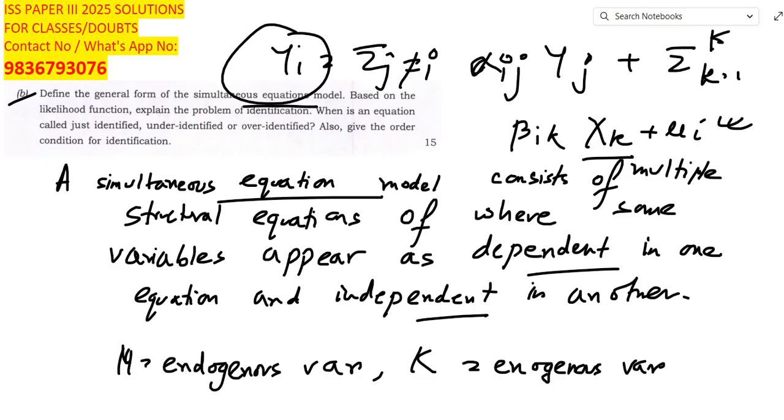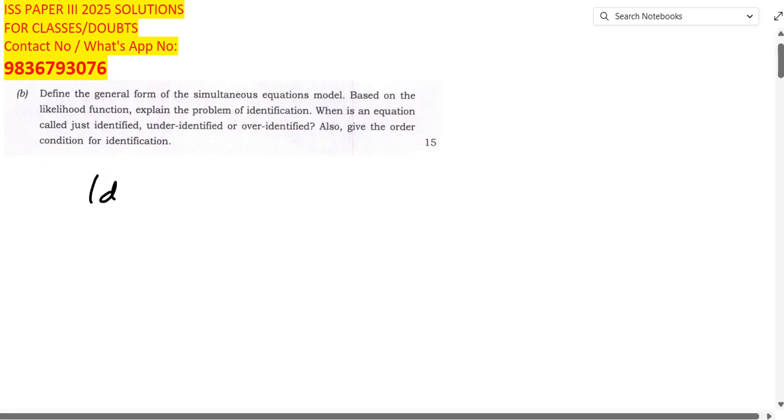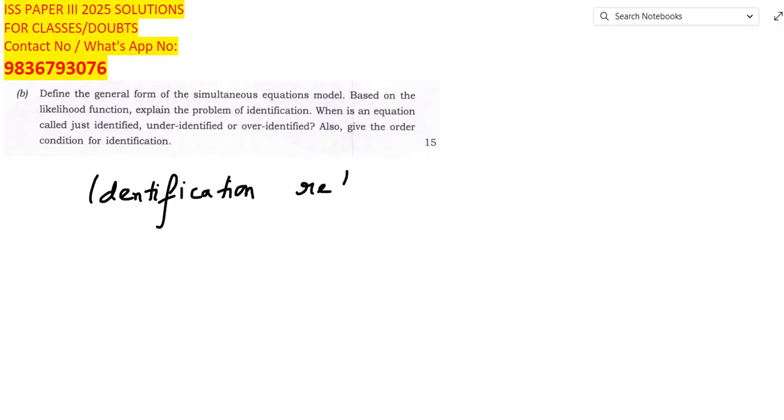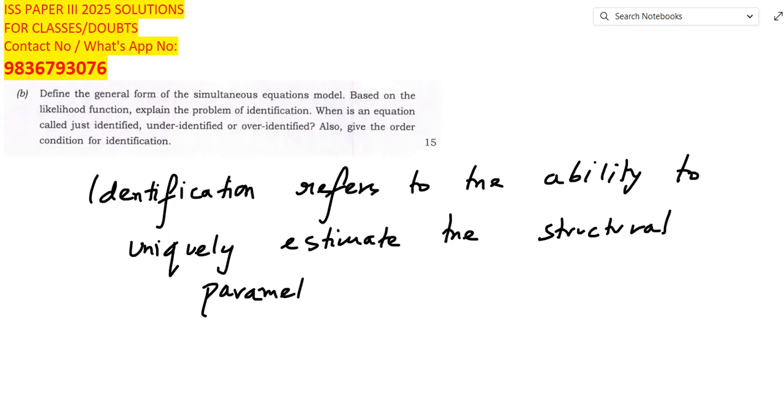Now comes our next question. Based on the likelihood function, we have to explain the problem of identification. What is that? So here identification refers to the ability to uniquely estimate the structural parameters from the reduced form.